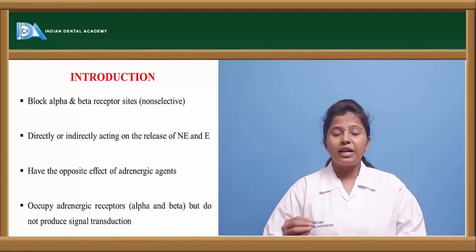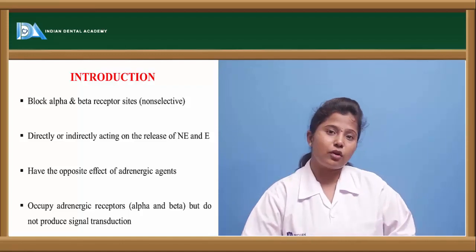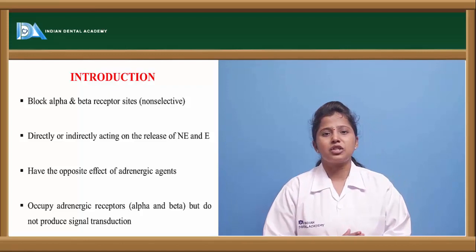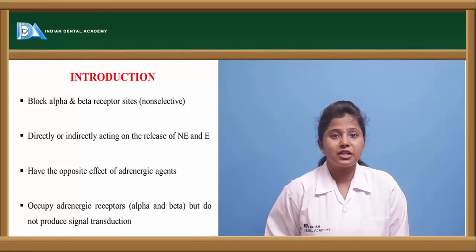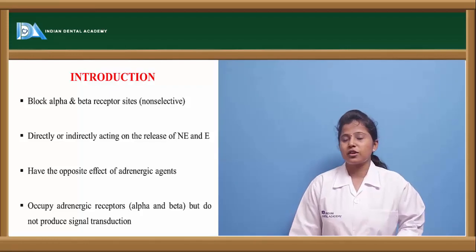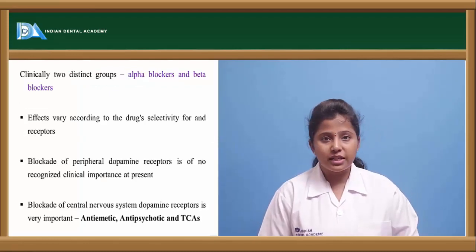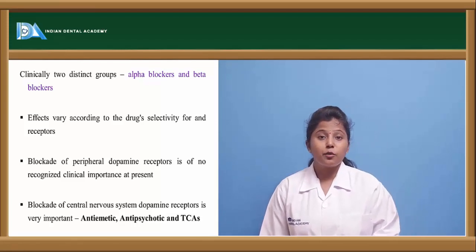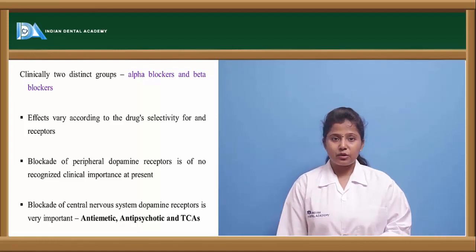When they occupy the place of noradrenaline or adrenaline on the receptors, they block the action of these two neurotransmitters, but they never show the signal transduction which is shown by these neurotransmitters. Clinically, there are two distinctive groups, as dopaminergic antagonists are not clinically used here as sympatholytics.